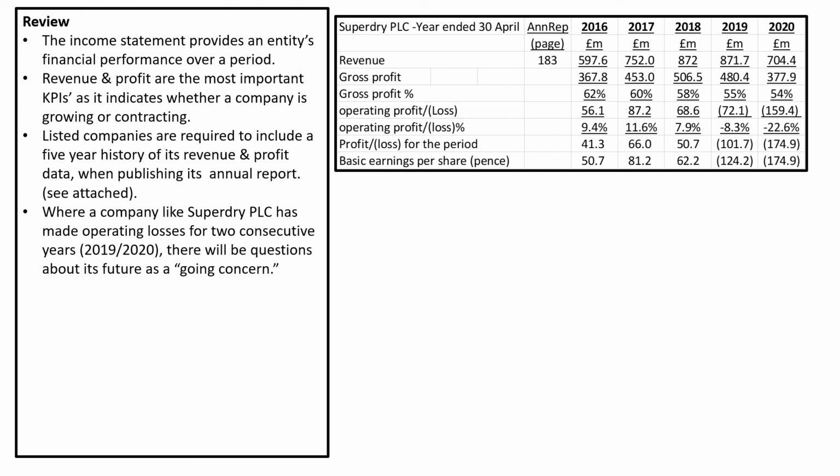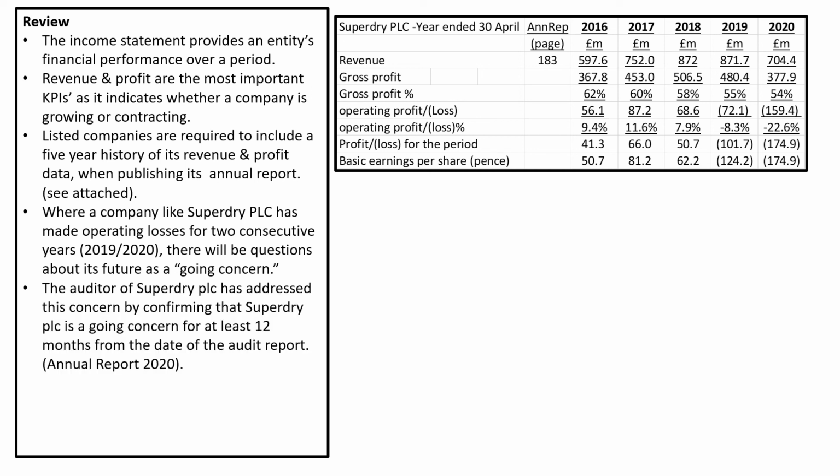Where a company like Superdry PLC has made operating losses for 2 consecutive years, there will be questions about its future as a going concern, i.e., will this company continue to exist or be in business in the future?